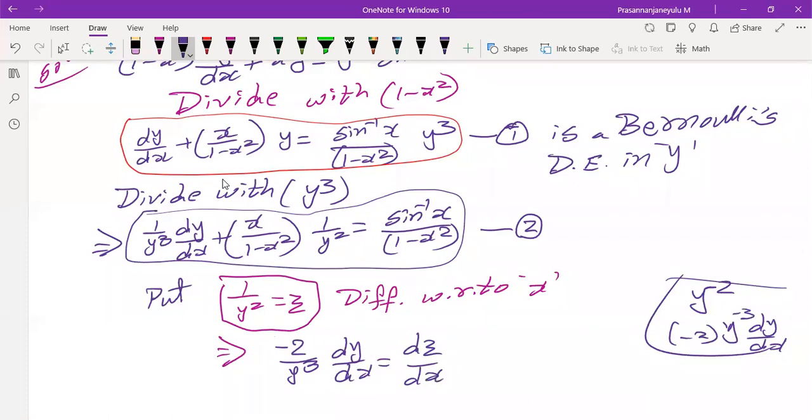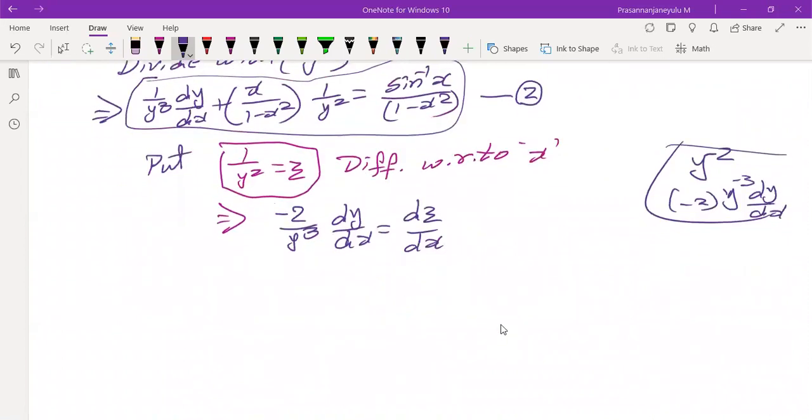Then if you observe equation number 2, what differential term is available? 1 by y cube into dy by dx. So can I get it in the form of 1 by y cube into dy by dx? Yes, but we have to divide with minus 2. Because of that, I am bringing minus 2 to the right hand side.